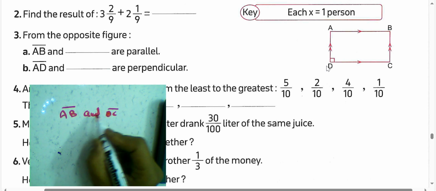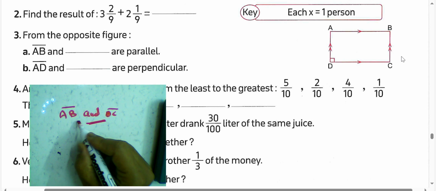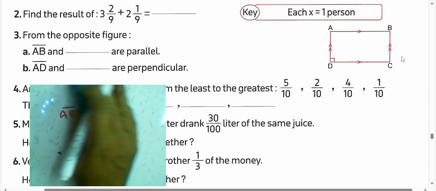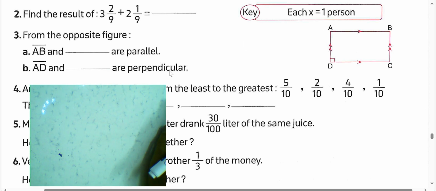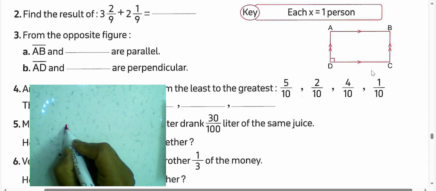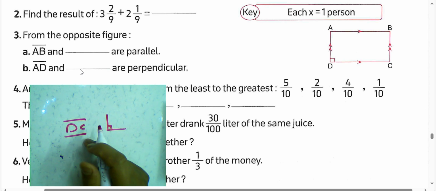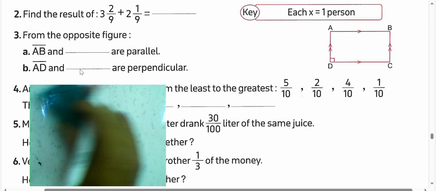He asked about AB parallel to DC. AB and DC are parallel. Okay, and AD perpendicular to what? Write here, AD perpendicular to DC, because the measure of the angle between them equals 90. So I will write here DC.